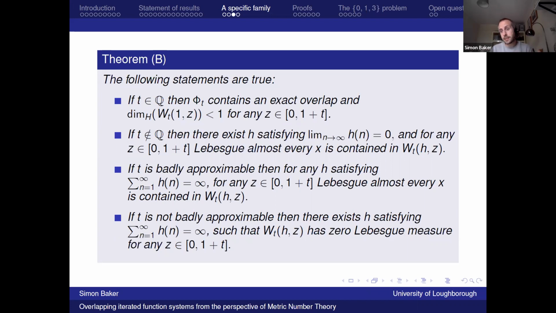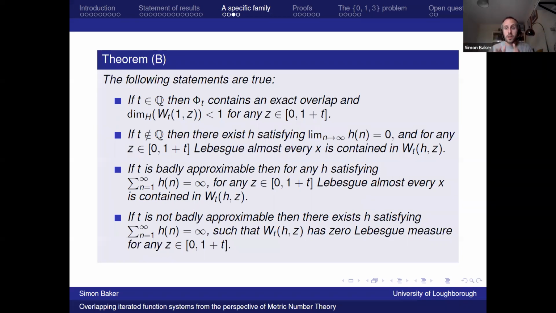It's easy to see that a point can be uniformly approximated with error, say, the contraction ratio to the n. But you know that a Lebesgue typical point can be approximated maybe by the number of words at level n. So these things don't coincide.